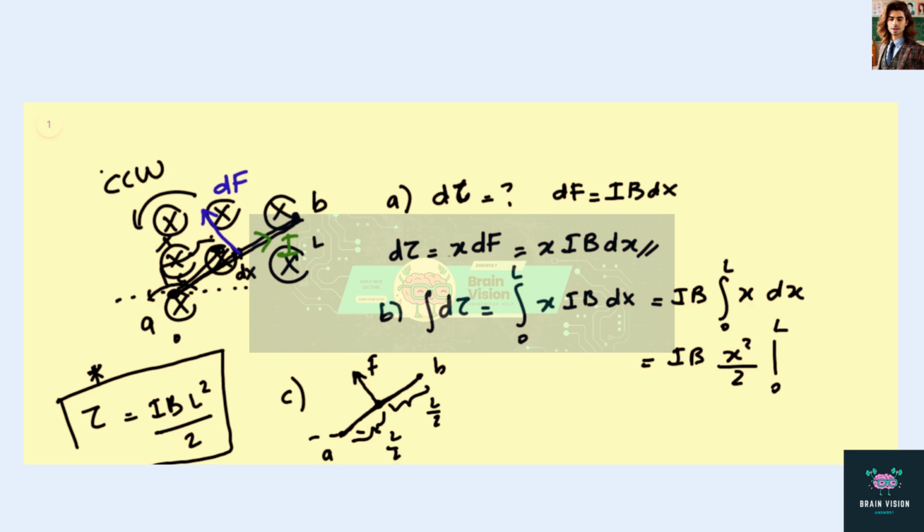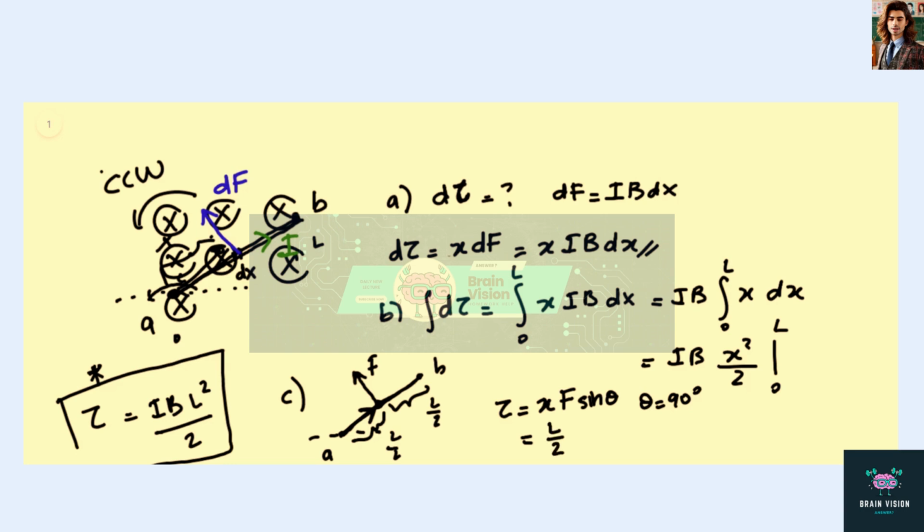So then let's calculate the torque. The torque would be simply the r, or x, let's call this, but this time it's L over 2, times F times the sine of the angle between the two vectors. This is the x vector. This is the F vector. So sine of theta would be 90 degrees here. Our x is L over 2.